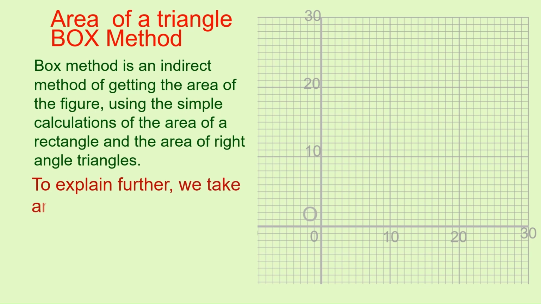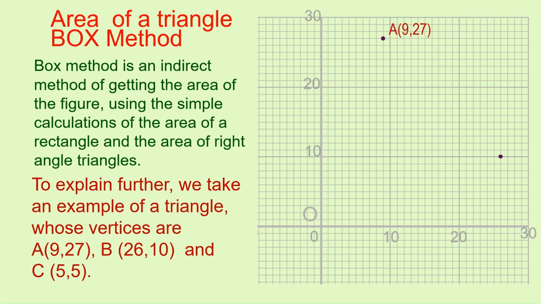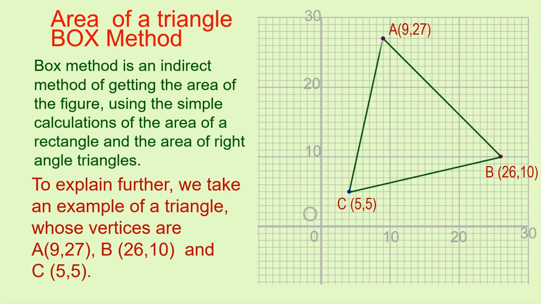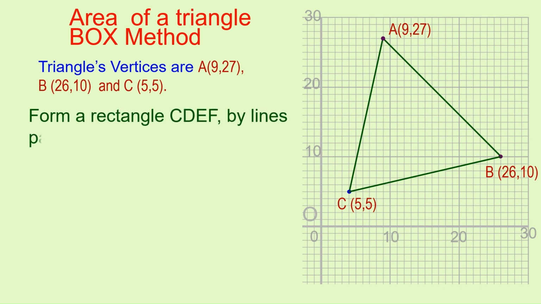To explain further, we take an example of a triangle whose vertices are A (9, 27), B (26, 10), and C (5, 5).